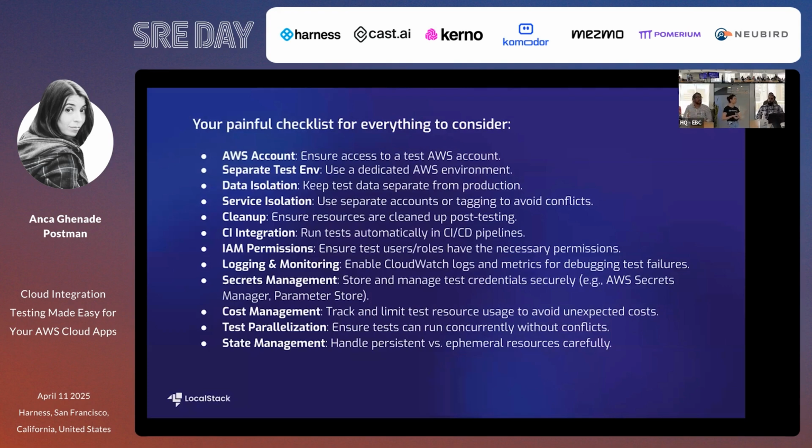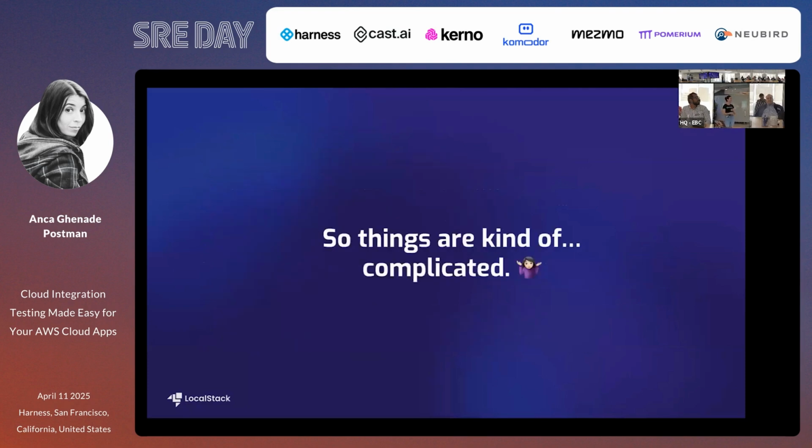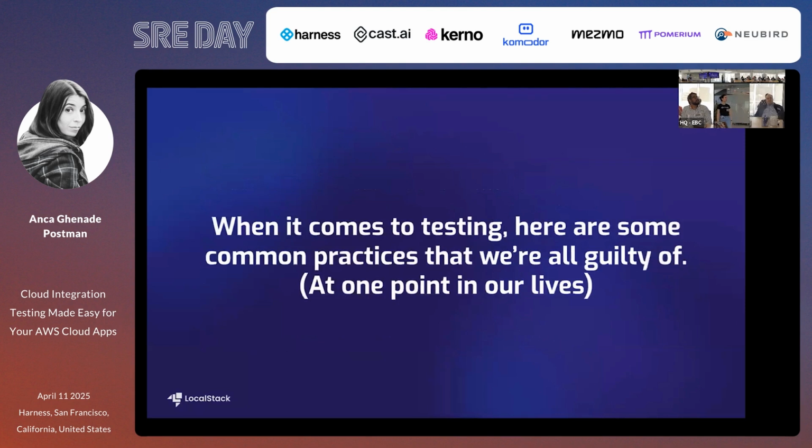Maybe you want to integrate them with your CI pipeline. You need to account for permissions, logging, all different stuff. Yeah, maybe you want to work this in parallel. You need to make sure how to handle persistent versus ephemeral resources. And it's a lot of work for that, obviously. And some things are complicated. It's just the way they are.